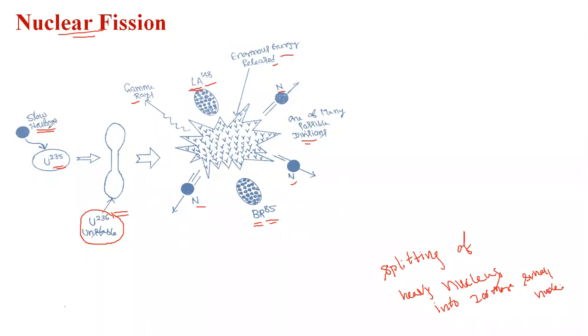Now the fission process takes place, it is bombarded, and the heavy nucleus splits into two small nuclei, one is lanthanum and the other is bromine, and it releases three small neutrons, and also alpha rays, beta rays, and gamma rays.